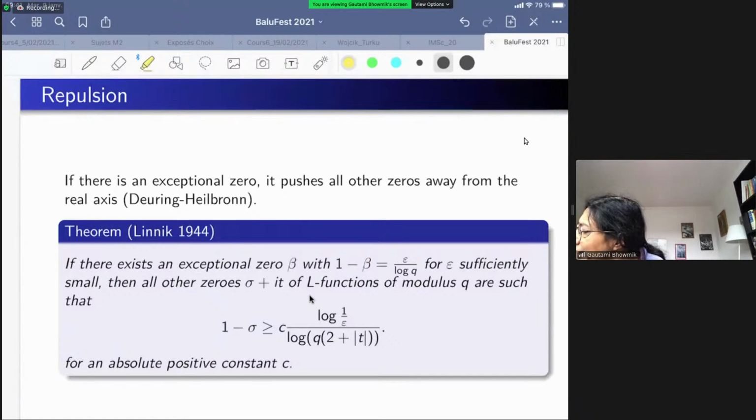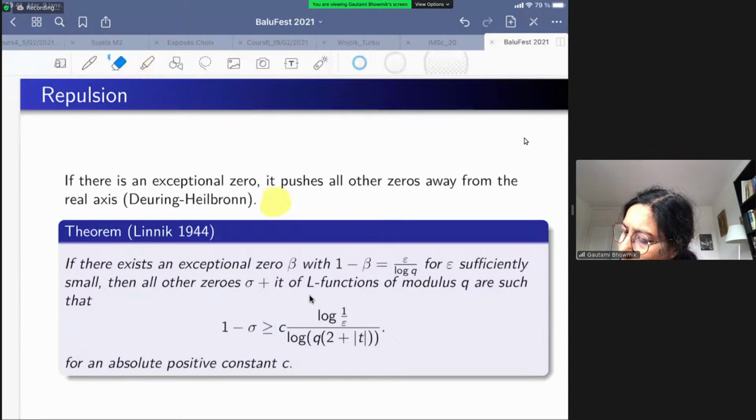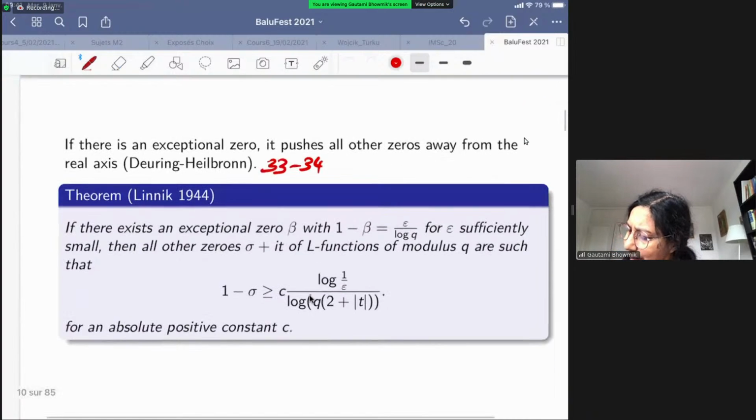Deuring-Heilbronn was in about 1933 or 34, and then about 10 years later Linnik stated this.